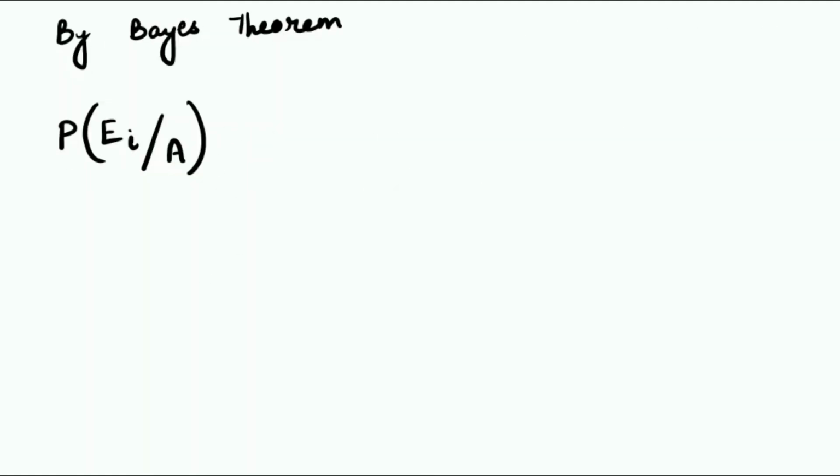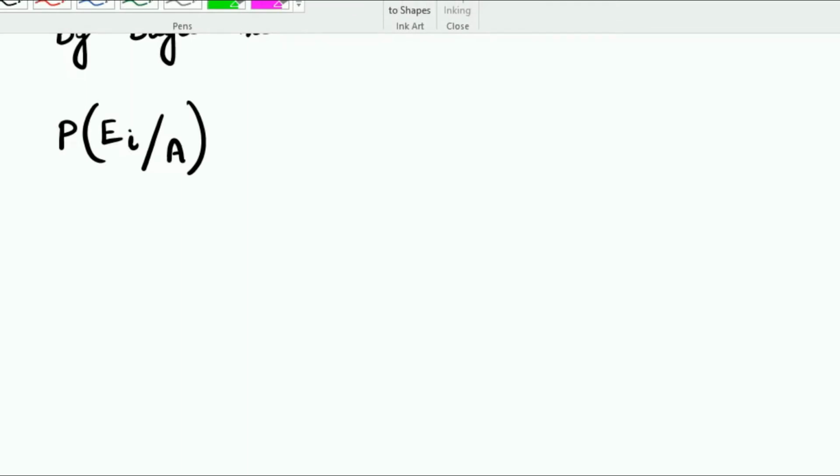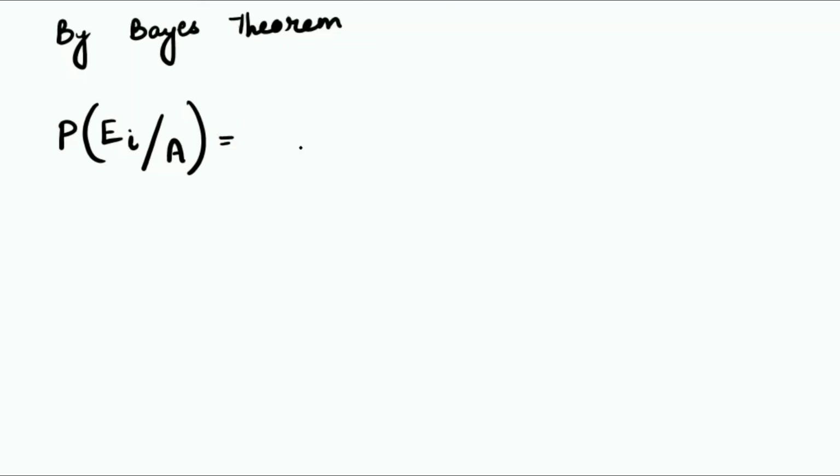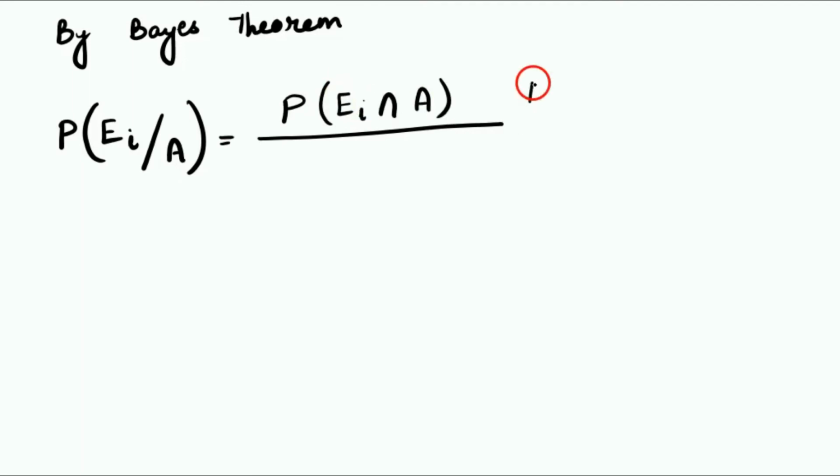So, like the previous example which I showed you, if I ask you to write what is the favorable probability for this, you will write probability of Ei intersection A, right? And how do we write this?